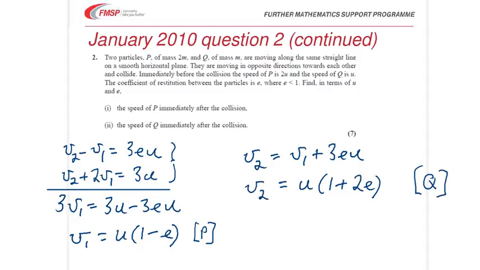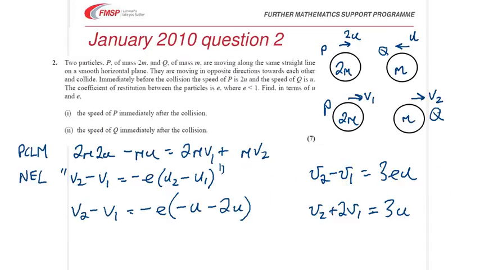So that's it done. We've found what's required there for 7 marks. The specific allocation of marks there for the question was, let's just see, we had an M1A1 for each of the conservation of linear momentum and Newton's experimental law.